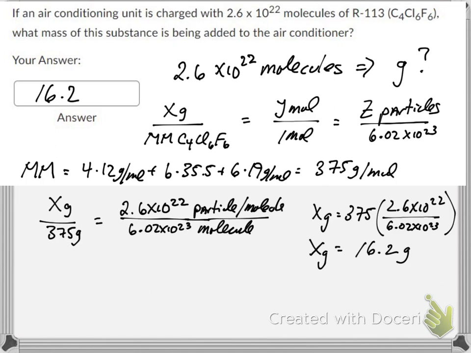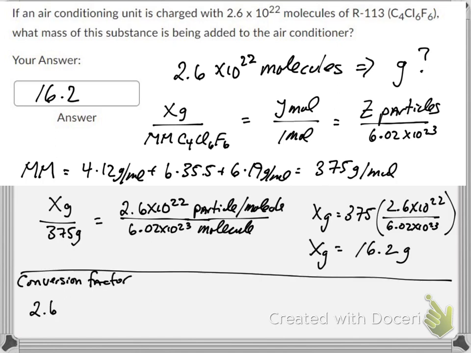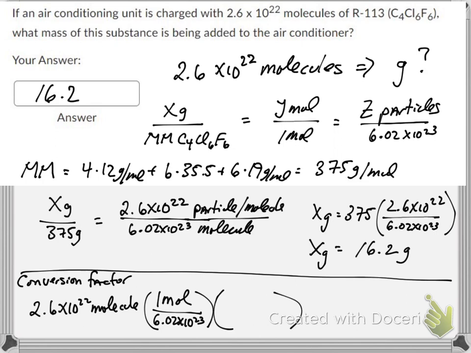Now, we could also do this with conversion factors. We start with 2.6 times 10 to the 22. You always start with the information given, and then you have to cancel. Usually what you have to do is convert to moles, and you do that by canceling out the units. So we need molecules in the denominator, which is Avogadro's number. Now we have moles.